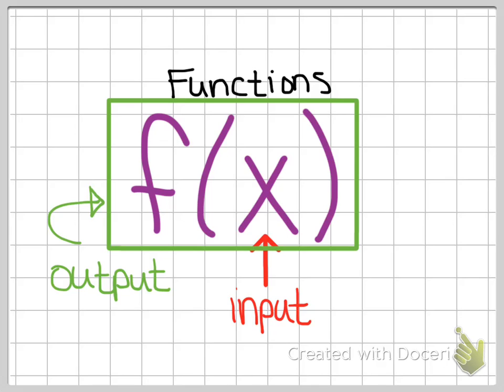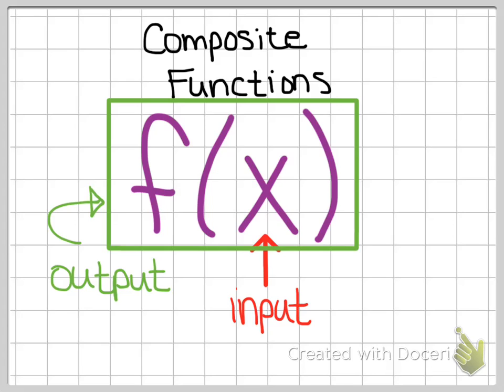This week in particular, we're going to be taking a look at composite functions. When I first see the word composite, I think of a composite rock from science, where the rock itself is made up of many different types of sand. A composite function is a function made up of a bunch of different functions.